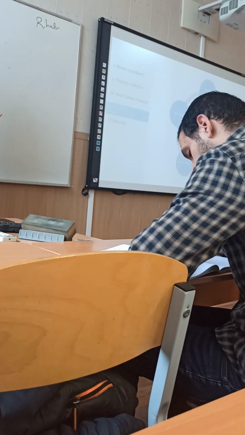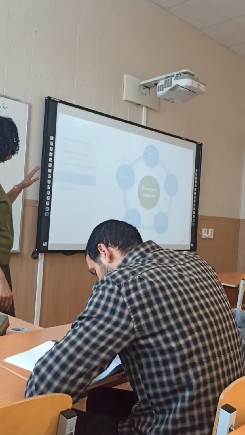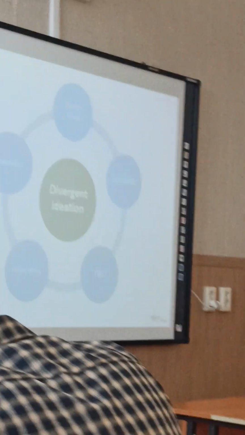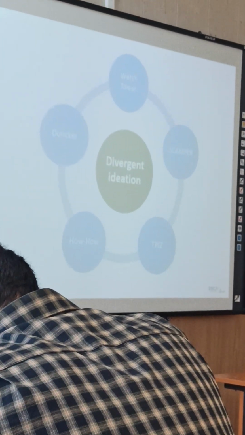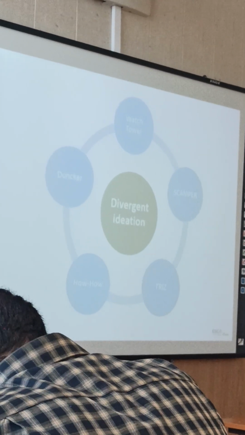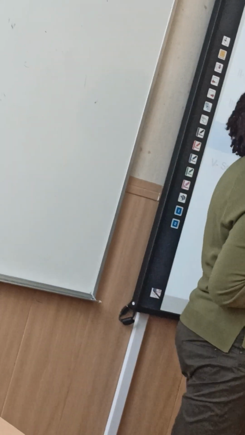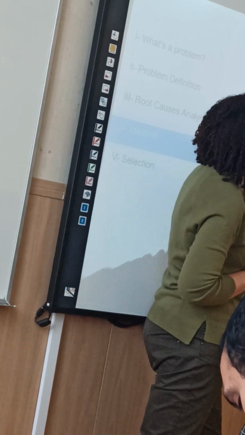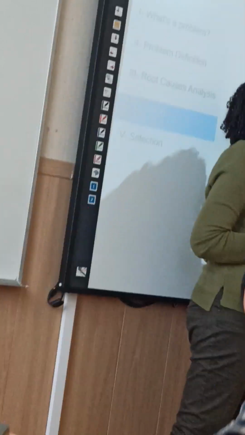So here are a few of the tools that are used to generate ideas of solutions. We call it divergent ideas. It means ideas that are really different from each other. I won't be able to present them all today. I will maybe present Watchtower, Scamper, and orally explain TRIZ.